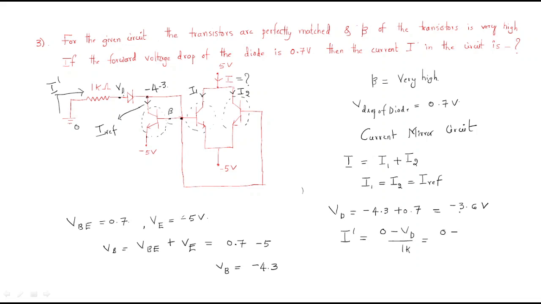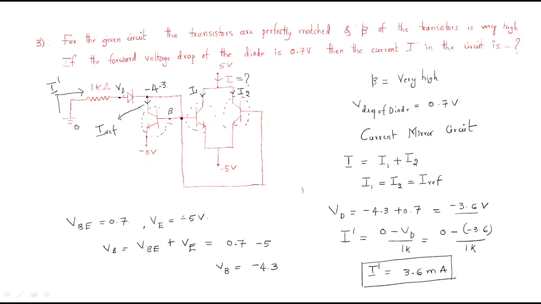The minus VD value is minus 3.6, so 3.6 by 1K. So I dash equals 3.6 milliamperes. So here this current value is 3.6 milliamperes.